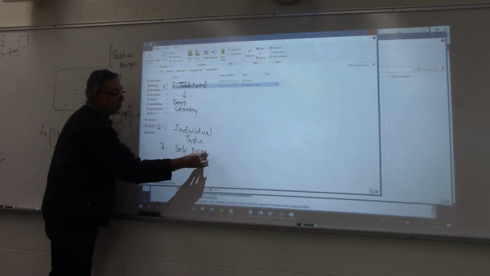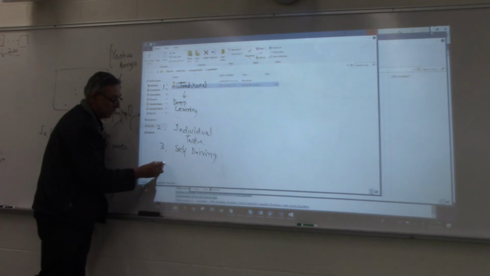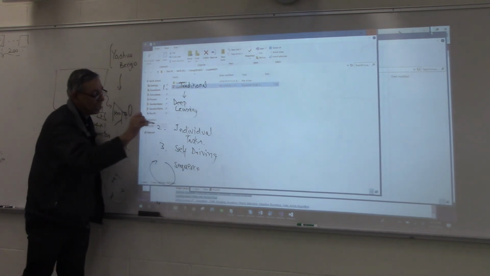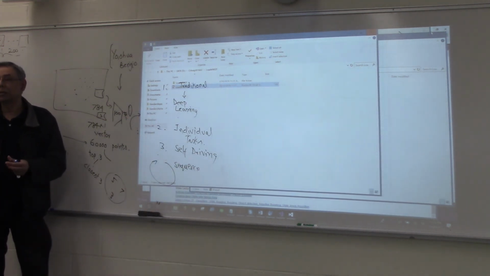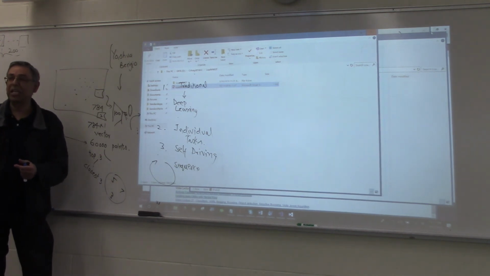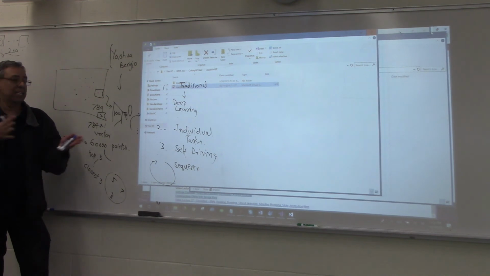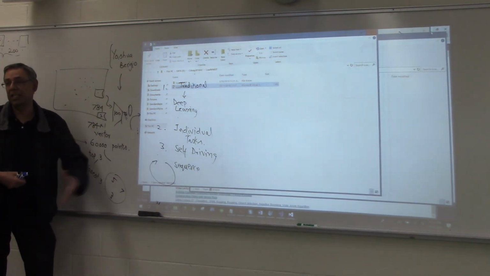So we are able to put together a sequence of things, but not a sequence at a much higher level, like a person, okay? Where you go to the grocery store, you pick up things, you bring back, then you cook. Can machines do that? So that's where we are heading towards, but we are not there.